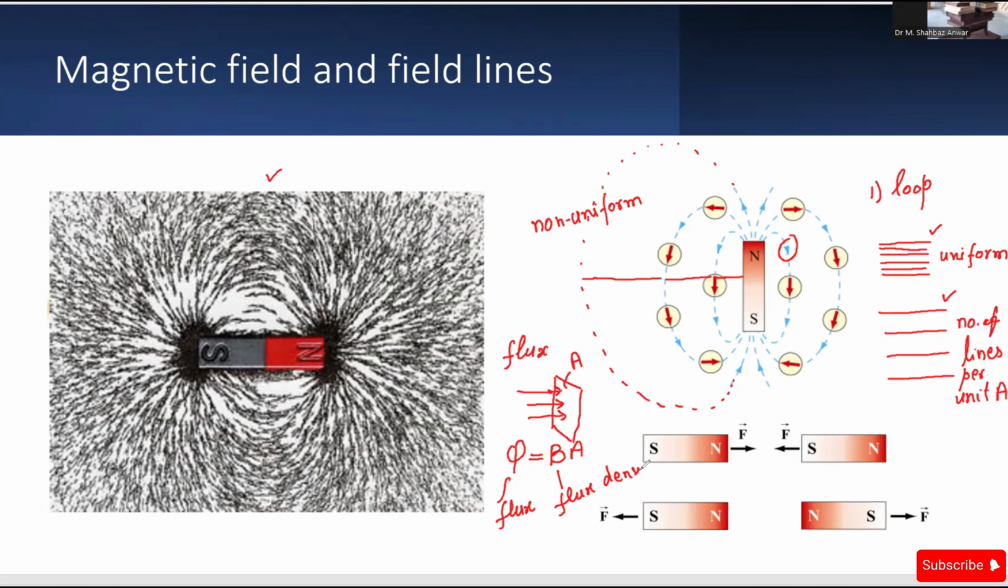You can very easily understand from this formula that our flux density B is equal to phi over A, meaning flux per unit area. So B is our magnetic flux density and phi is our magnetic flux.